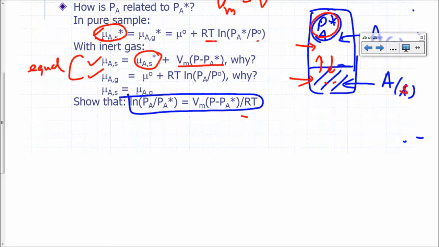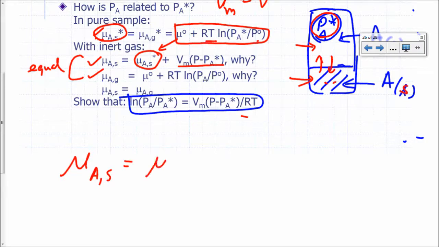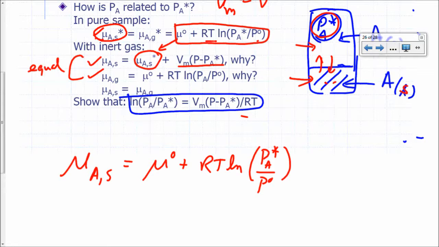Mu A star is equal to this thing right here, so I'm going to substitute it in. So mu A solid equals mu A solid star, which is mu naught now, plus RT ln PA star over P naught plus molar volume, which I'm going to call V bar instead, times P minus PA star.